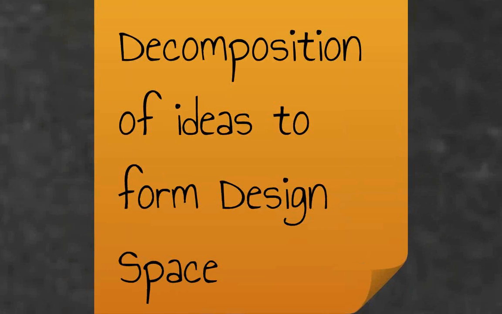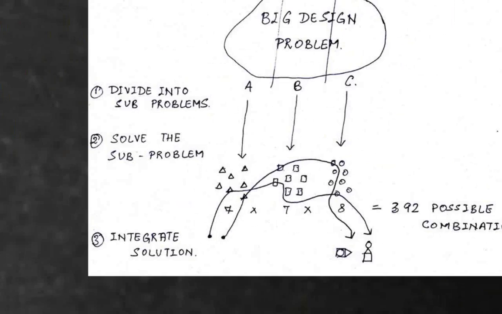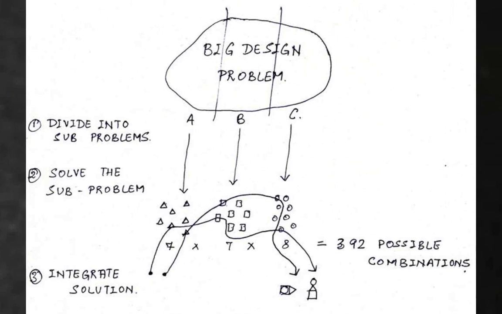So once we come to the next step of exploration, where we decompose the ideas to form a design space using the key needs, how does this method work? You have a big design problem and you break it into subparts. Say over here you have 3 subparts of a big design problem, A, B, C, and you solve these subparts individually without considering the other subparts.